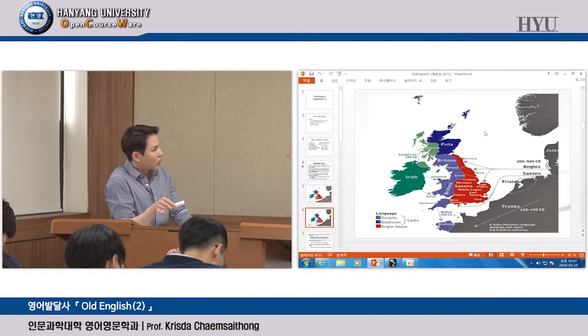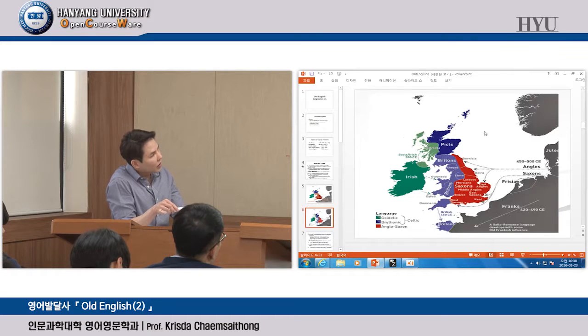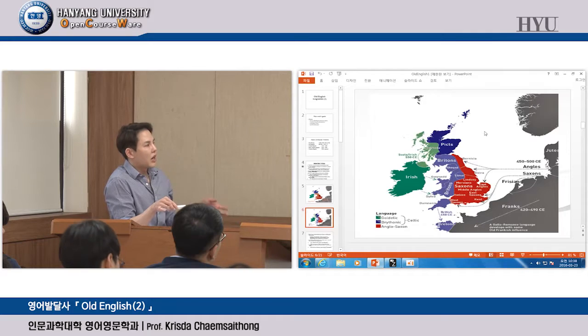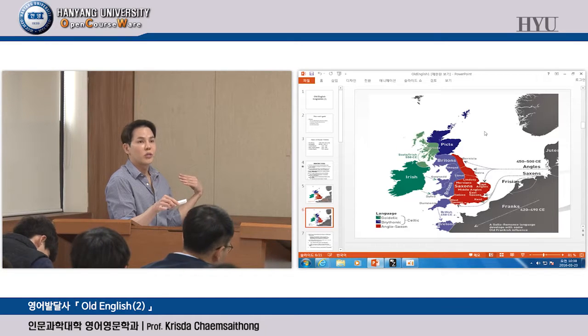So this is the map of Anglo-Saxon England, the red area, and perhaps the dark blue area here. These are the areas where Celtic peoples were pushed into different corners because of the Anglo-Saxon people.